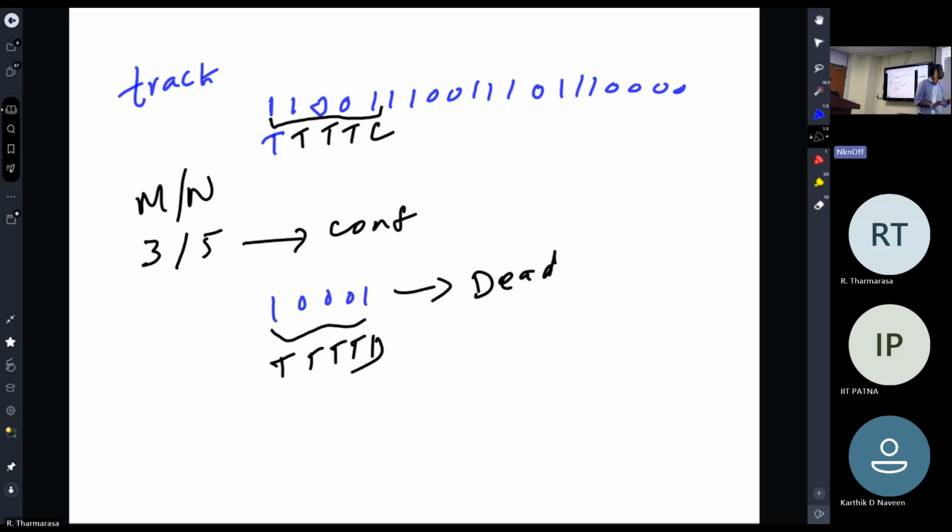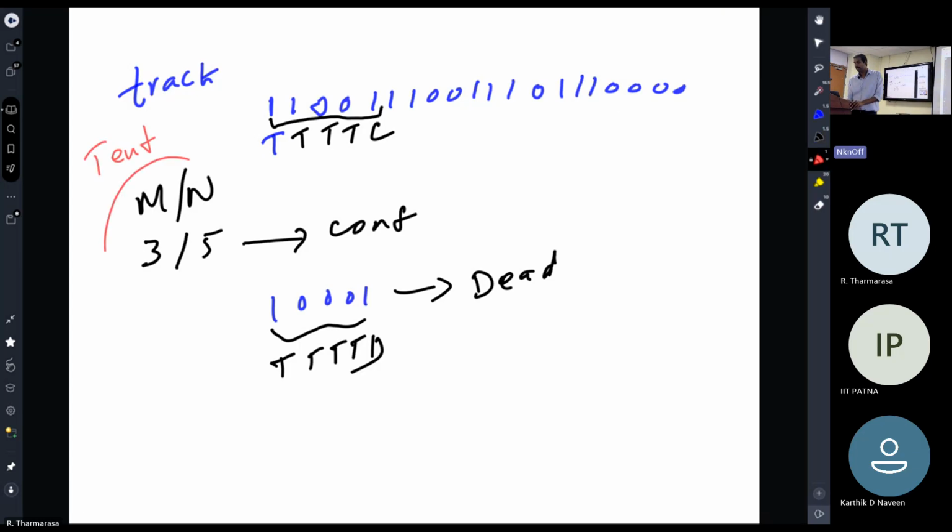That's as simple as that. You define this 3 and 5, and it comes out like that. Similarly, this is for confirmation. For terminate, wait, I will explain. This is for tentative.